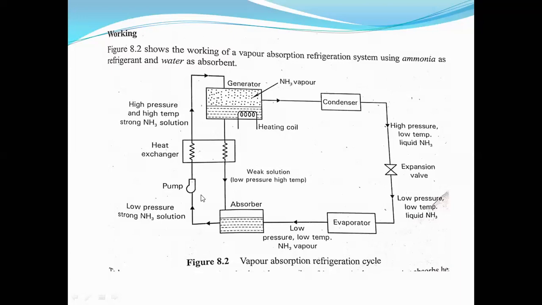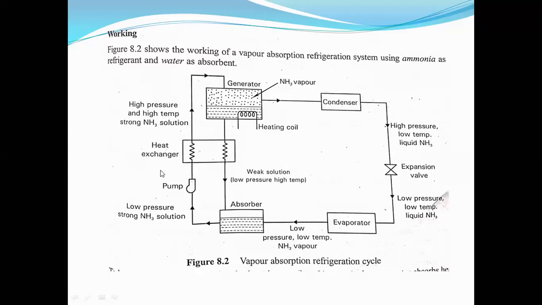Now this low pressure strong ammonia solution from the absorber enters into the heat exchanger. When it enters, this ammonia solution becomes hot because it exchanges heat with the hot fluid. This is the cold fluid, which gets the heat from the hot fluid.